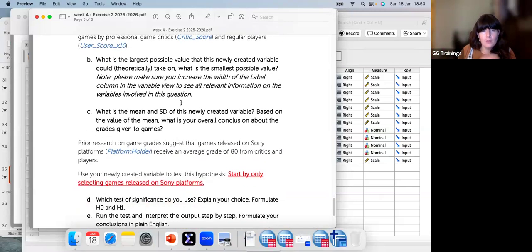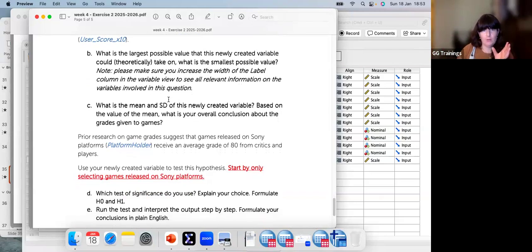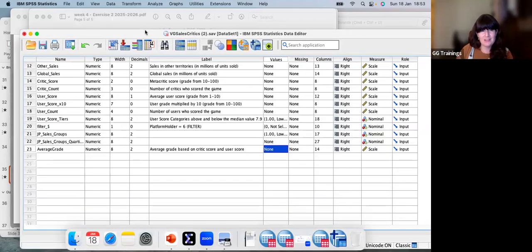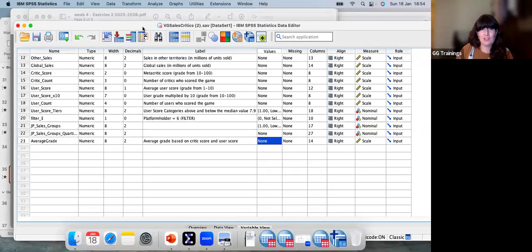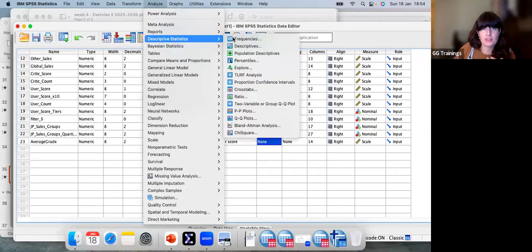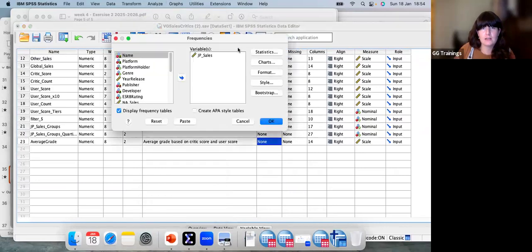Okay, what is the mean and standard deviation of this newly created variable? Based on the value of the mean, what is your conclusion? So it wants you to conclude something only from looking at means, which is going to be a very simple conclusion. But let's look. Analyze, descriptive statistics, frequencies.